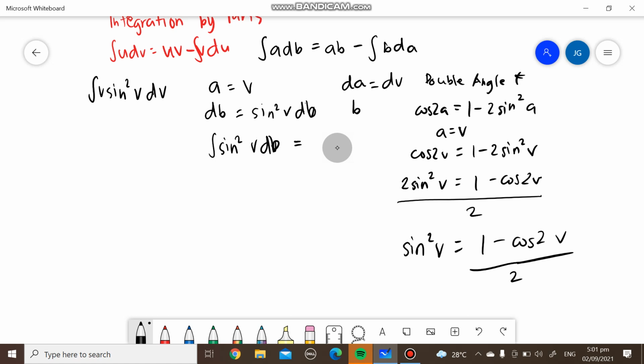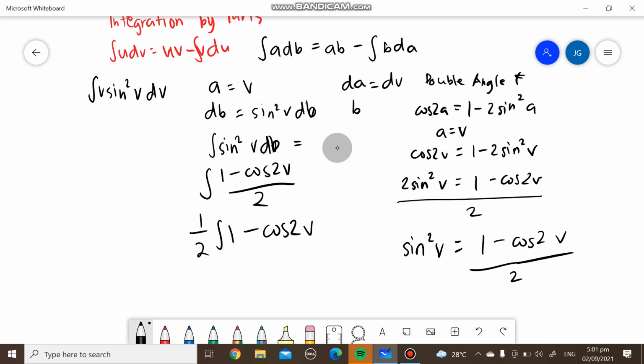Pagkatapos yan, we can integrate it na. So, we can say it is the integral of 1 minus cosine 2v all over 2. So, by integration, we can put 1/2 outside the integral sign. So, we have integral of 1 minus cosine 2v.